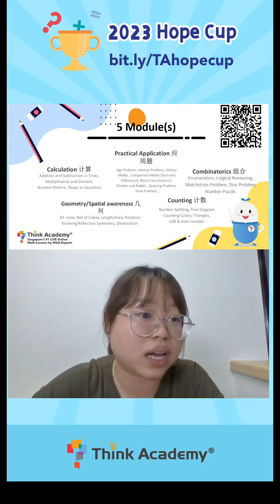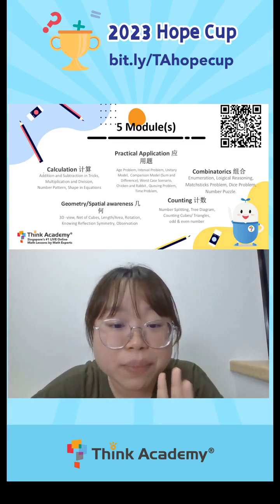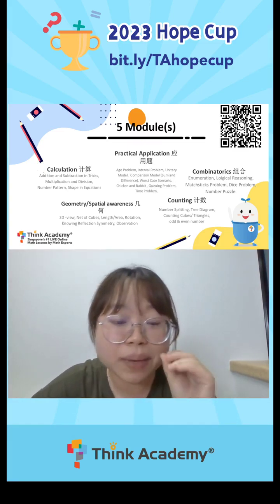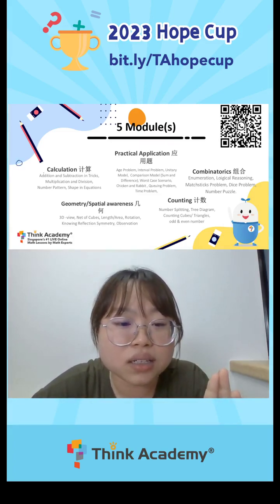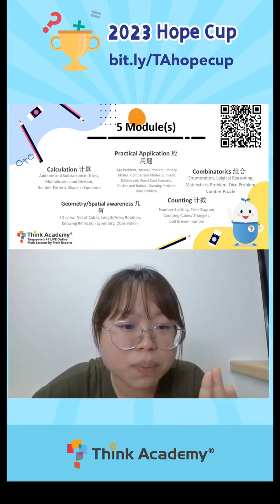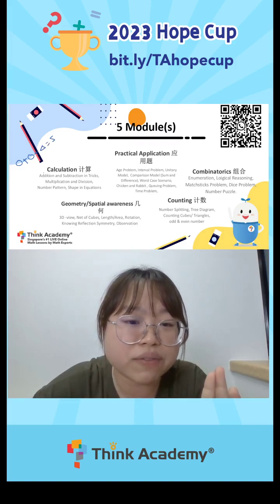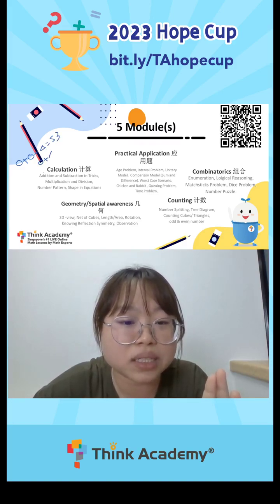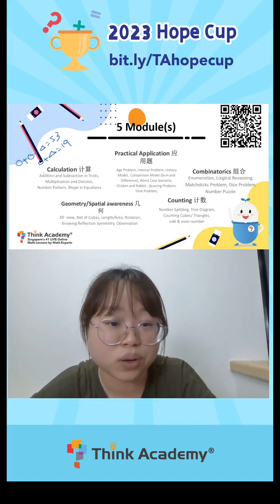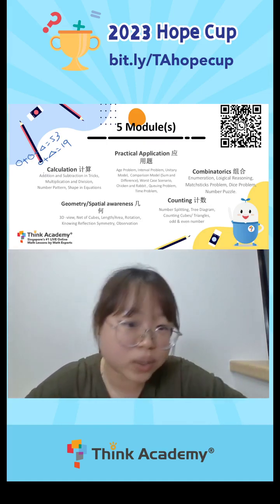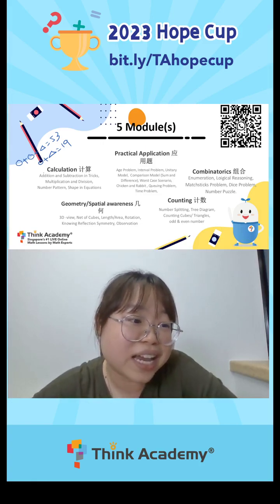What else is under the calculation module? Shape in equation. Okay, easy. Shape in equation, there are 2 types. One of them is like circle plus triangle equals to, let's say, 53. Then they tell you circle plus triangle equals to 19. They ask you what is a circle, or they ask you what is a triangle. So to solve this kind of question, what is the easiest way? Any idea?